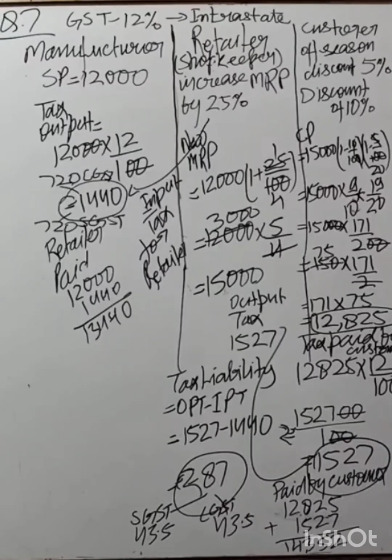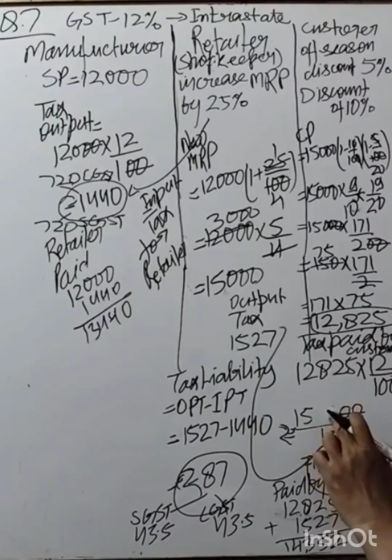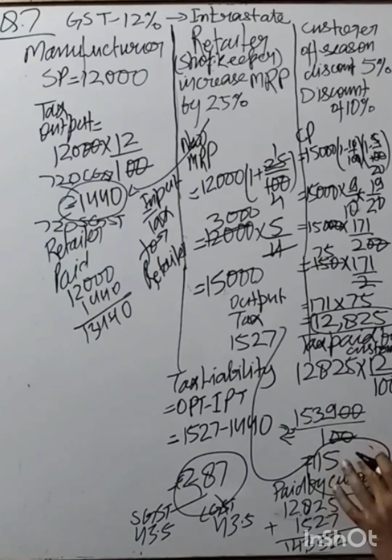This is wrong. This 12% tax that was calculated will come to 1539. This will come to 1539 and 1539 will be the tax. So when you write here 1539, 9 plus 5 becomes 14.